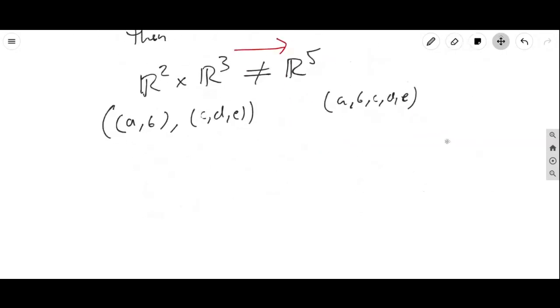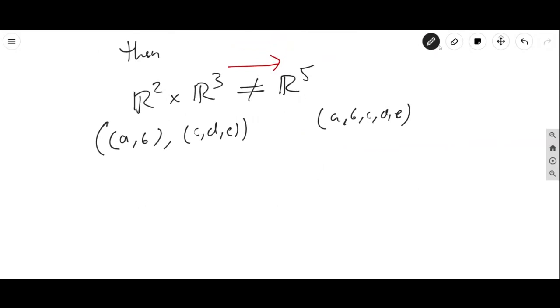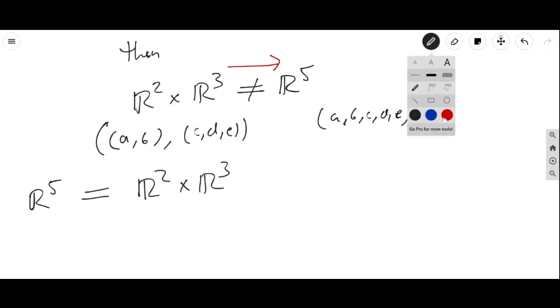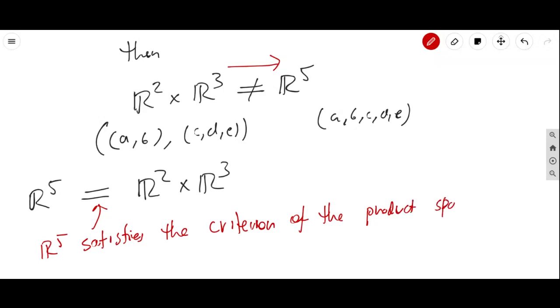But that's what happens. However, if you think in terms of products, then you can say R5 is equal to R2 times R3, and here you're thinking of the product more abstractly. So the way you would interpret this equal sign is that R5 satisfies the criterion of the product space. What's the criterion?